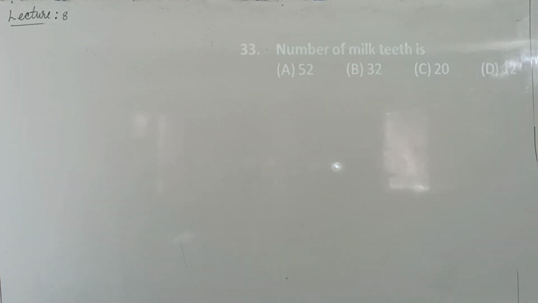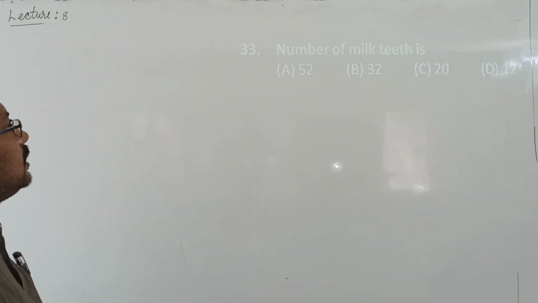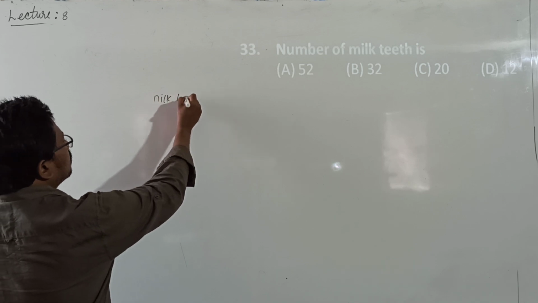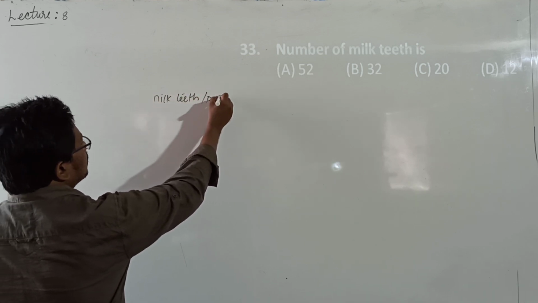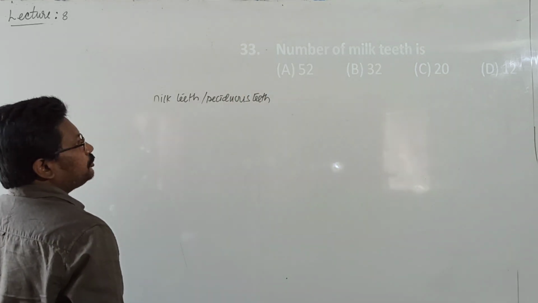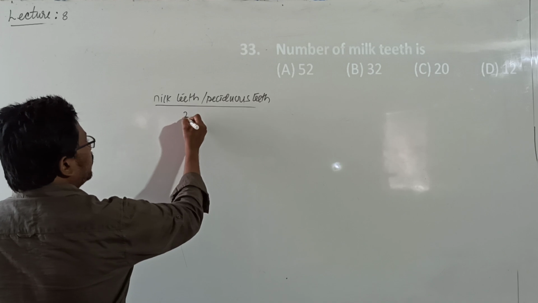The next one, the number of milk teeth. Milk teeth, which we also call deciduous teeth, are 20.